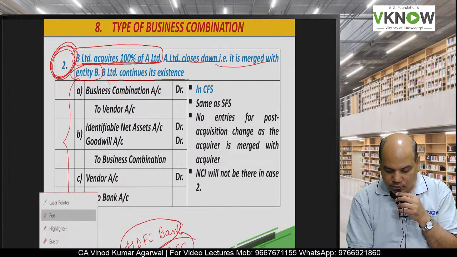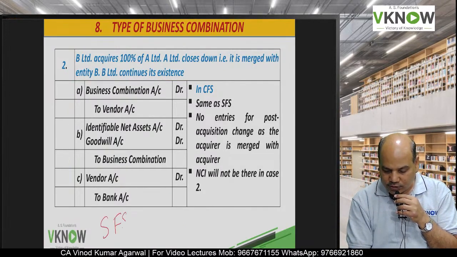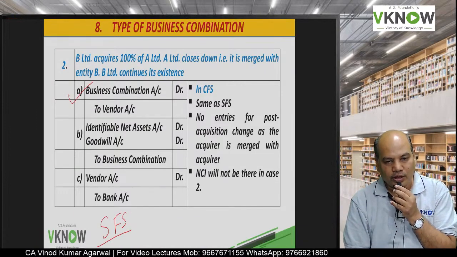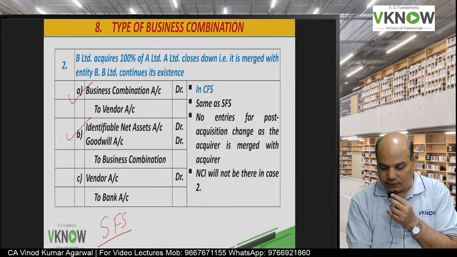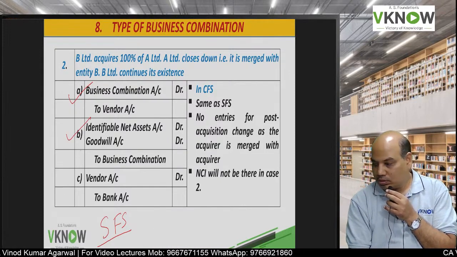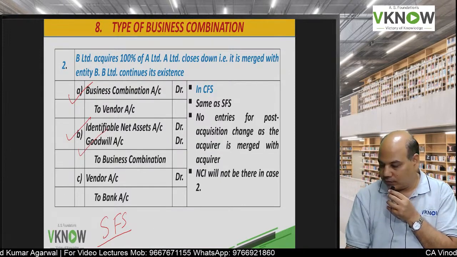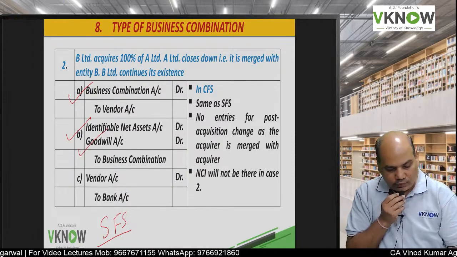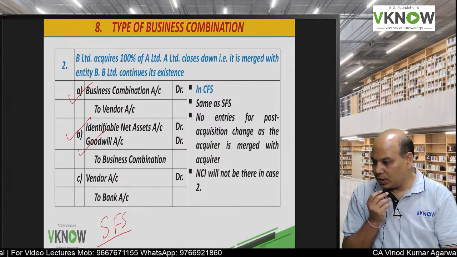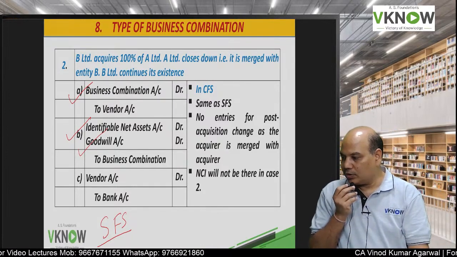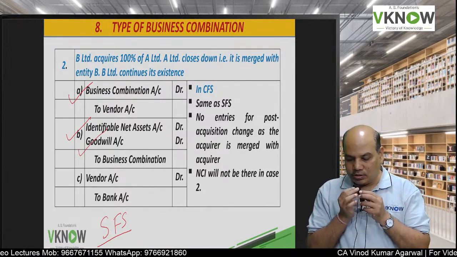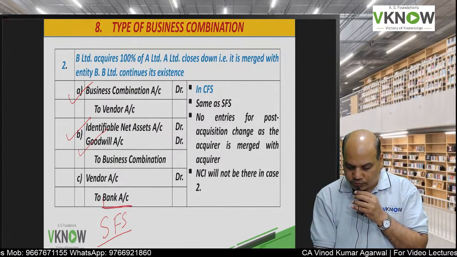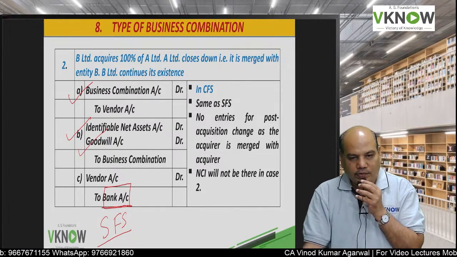So first I'll come to SFS, separate financial statement: business combination account debit to vendor account, identifiable net asset account debit, goodwill account debit balancing figure to business combination account, and then vendor account debit to bank account, depending on what kind of mode of payment you write. So to bank or to cash, to asset, whatever.